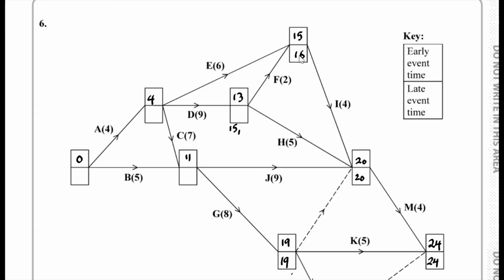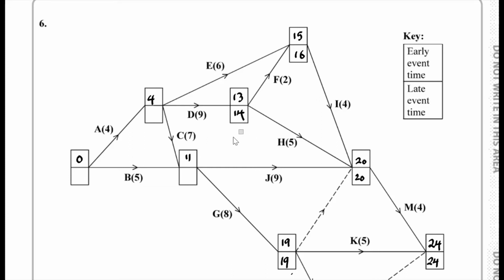And we also have 16 take away 2, that brings us back down to 18. We choose the smaller one. Sorry, am I missing something? 16 take away 2, that's 14 rather. So we have 14 over here, the smaller one.